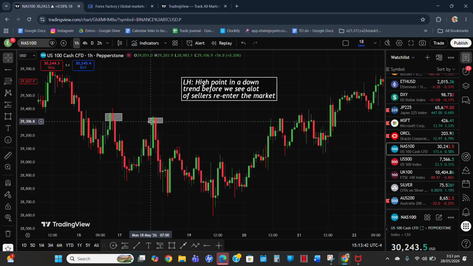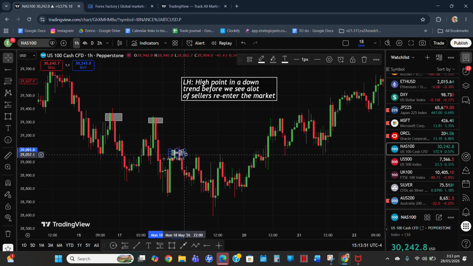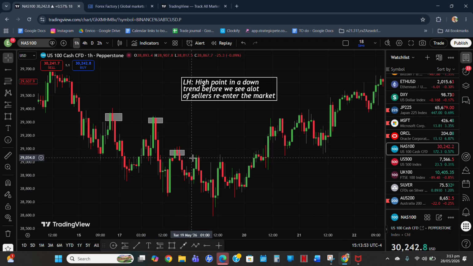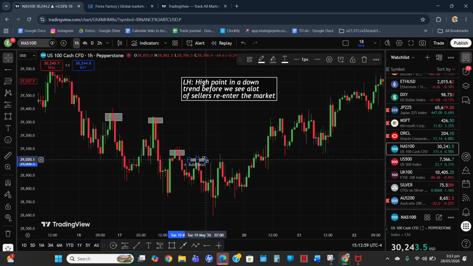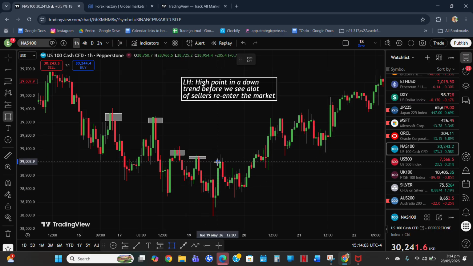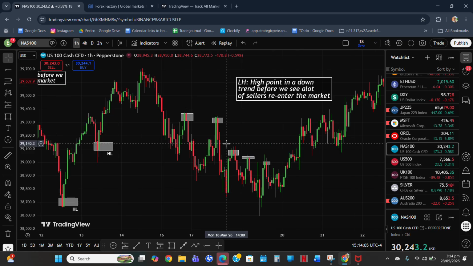This is also the highest point price went before sellers re-enter the market, pushing us down. In short, this could also be another lower high as well. Could also say this is also lower high as well. Gonna mark this. There we go. And probably this would have been the last one here, right?